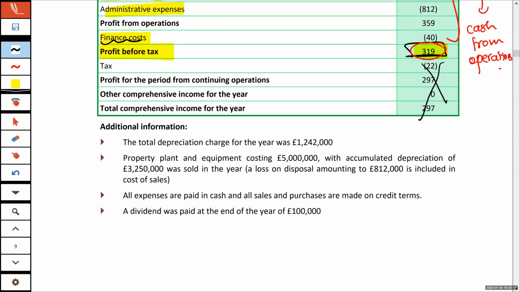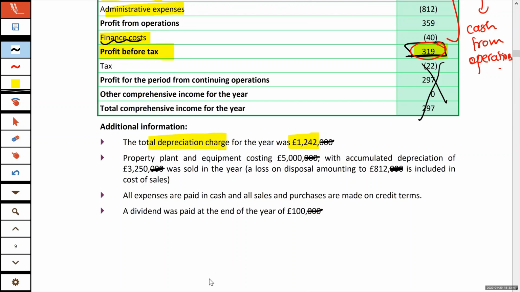What else are we given? Yes, we're given some information that normally goes in our administrative expenses, and that is our depreciation. So depreciation given to me is 1242. Remember, everything we've dealt with so far was in thousands. So all these extra zeros, I'm going to cancel them off so that it doesn't confuse me.